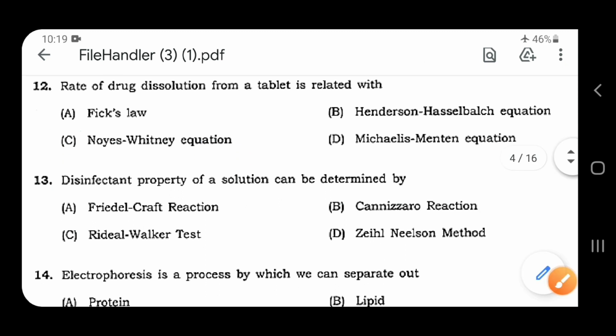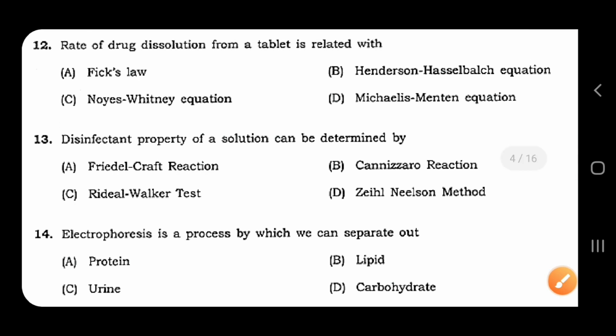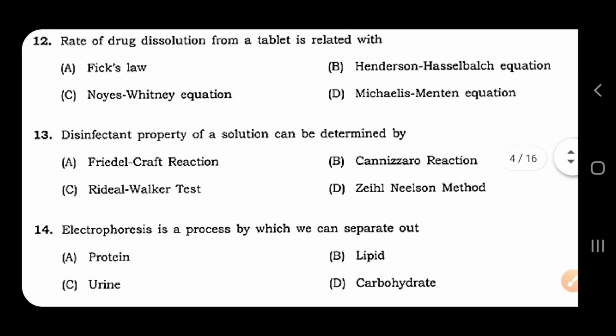Next is question number 13. Disinfectant property of a solution can be determined by Friedel-Crafts reaction, Cannizzaro reaction, Rideal-Walker test, Ziehl-Neelsen method. Here Friedel-Crafts reaction and Cannizzaro reaction are name reactions used for synthesis of chemical agents.